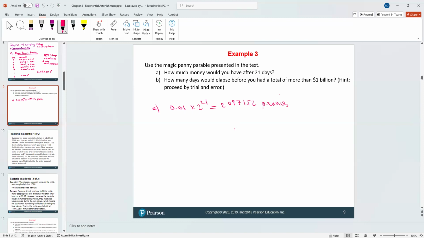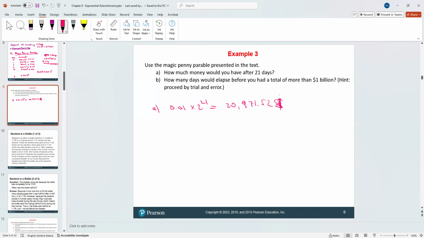So if you multiply it by 0.01, no, sorry, so we do the whole thing. That's not pennies, those are dollars I'm going to add. So that would be 20,971.52.